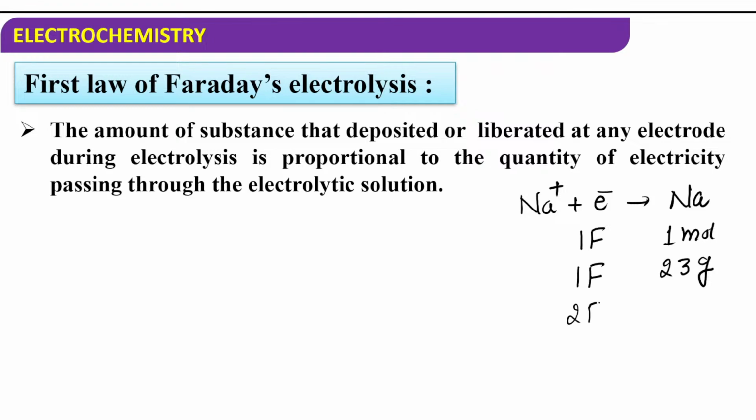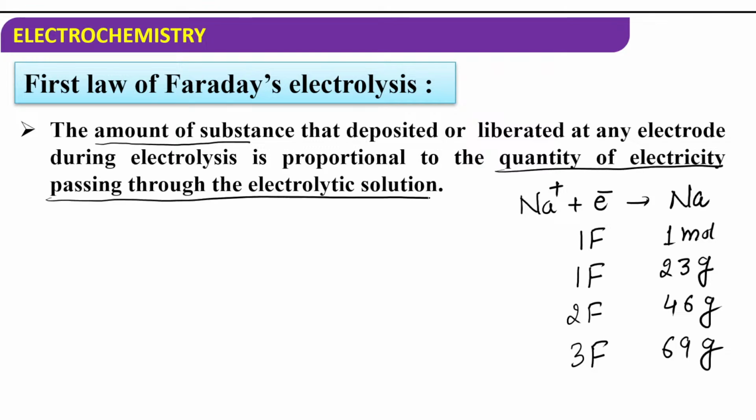So if we pass 2 Faraday of electricity, we get 46 gram. If we pass 3 Faraday of electricity, we get 69 gram. That means as the quantity of electricity passing through the electrolytic solution increases, the amount of substance deposited or liberated at any electrode during electrolysis increases.